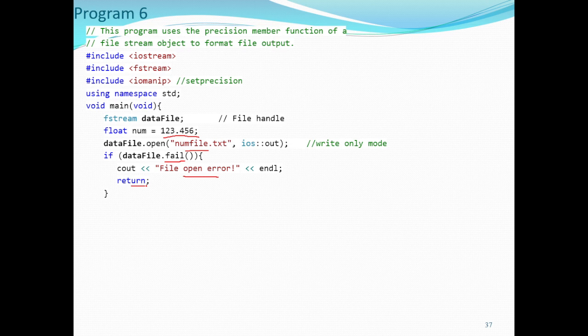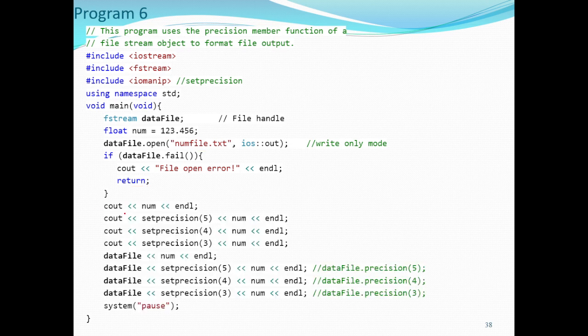Anything here will be wrong. So we are getting the number. Here these commands or functions are writing my message to the screen, right? And these commands or lines are written to the file.